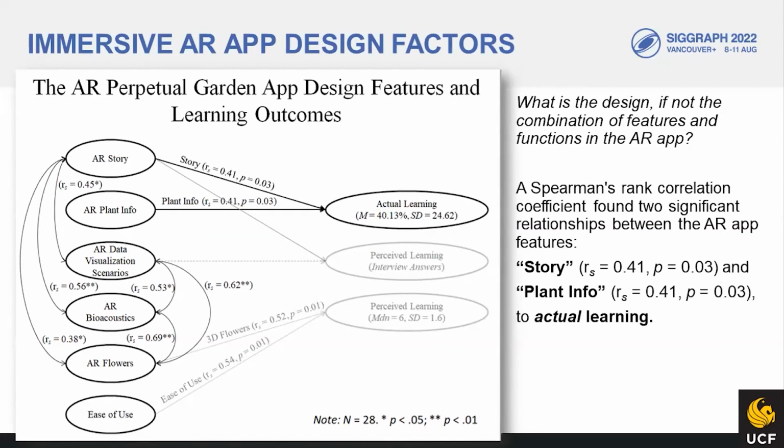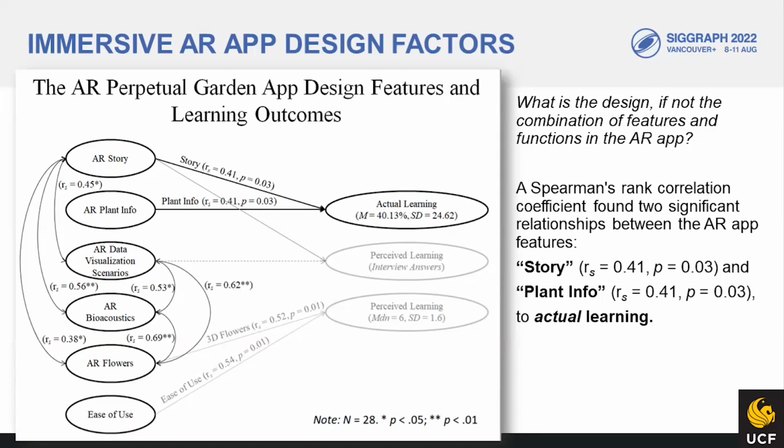And what I did was I ran a Spearman rank correlation and found that two factors were very significant to the actual learning on the tests, the difference between the pre-test and the post-test of facts and story. And that was actually the story and the plant info facts, right? These are correlated to the actual learning. That makes a lot of sense.